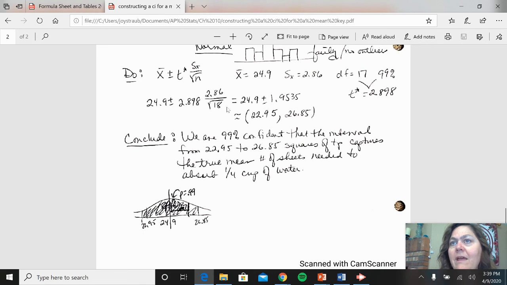I know that I am going 2.898, almost 3 standard deviations, away from the mean to get out there. And then that's shaded in here, showing that 99% of the time we will capture the true mean in that interval when we take a sample. Okay, all right, that's it.